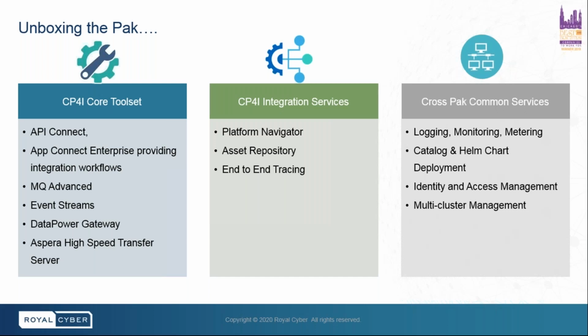And we have API Connect for implementing managed APIs. And we have App Connect Enterprise for providing integration workflows, and MQ Advanced for robust guaranteed transport, and Event Streams for event handling based on Kafka, and DataPower Gateway for gateway services, and Aspera high-speed transfer server for large file transfers.